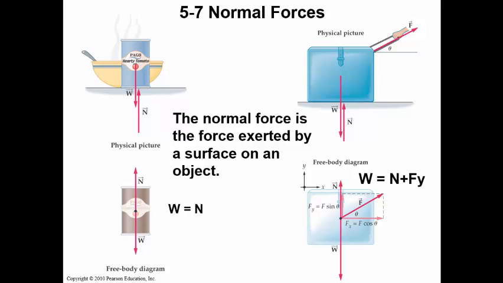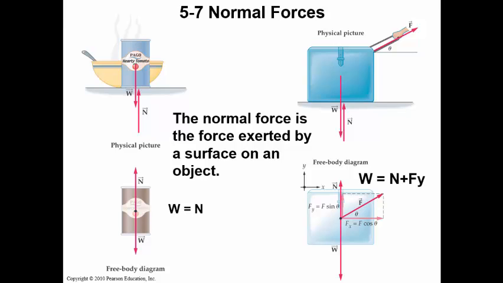What if I pull something across the floor? Is the normal force still the weight? No, not necessarily, because think about what I'm doing when I pull something across the floor with a handle. There's tension in the handle, and I'm lifting up with an upward component, a Y component, and I'm pulling horizontally. So that force of tension has an X component and a Y component.